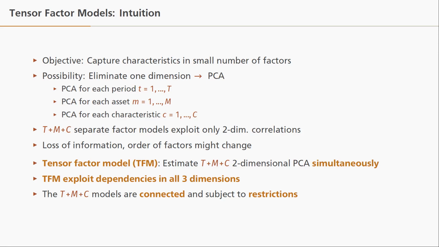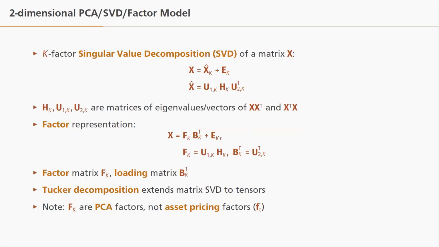You estimate these T plus M plus C two-dimensional factor models simultaneously. They're all connected and subject to restrictions, and the paper works out what these restrictions are. And again, the advantage is that this model will exploit correlations or dependencies in all three dimensions simultaneously, so you don't lose any information.